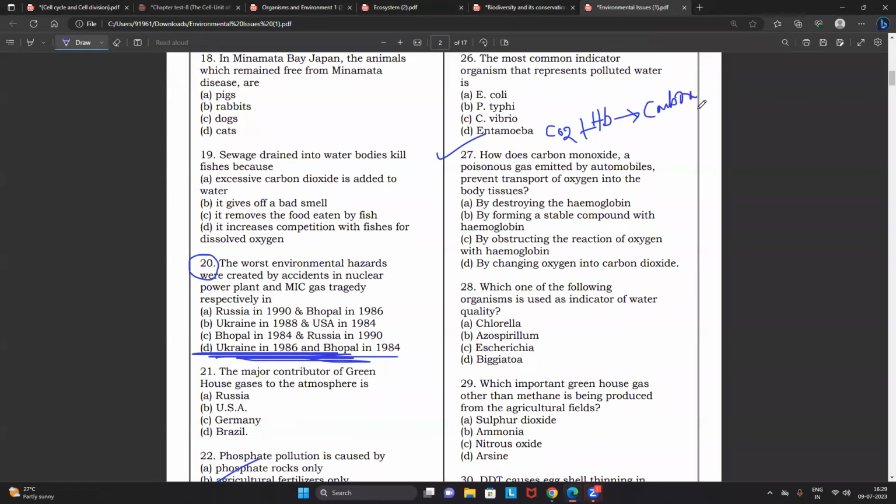It forms carboxyhemoglobin. Originally, when oxygen combined with the hemoglobin, what do we call it? We call it oxyhemoglobin. One is called oxyhemoglobin, second one is called carboxyhemoglobin. Oxyhemoglobin is involved in the transport of oxygen very efficiently. Carboxyhemoglobin reduces the level of oxygen, right? Hence the correct answer is what? Option B. Okay, good.